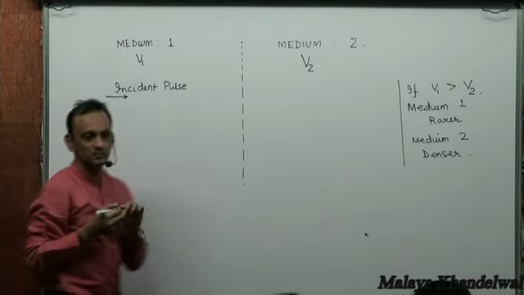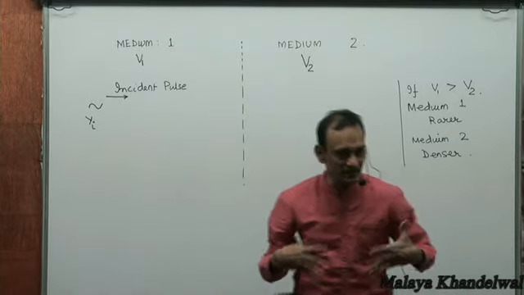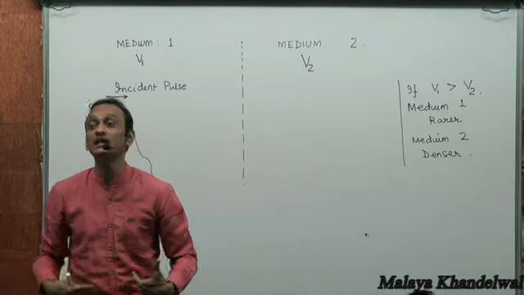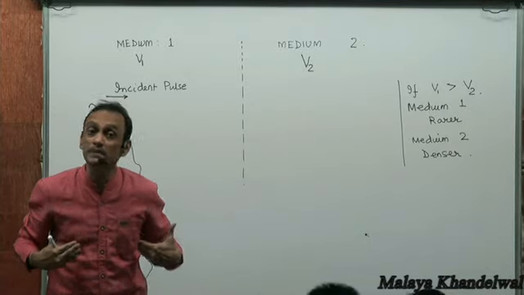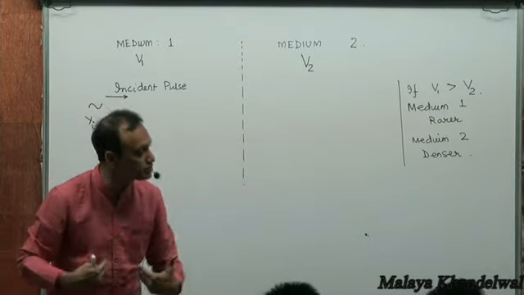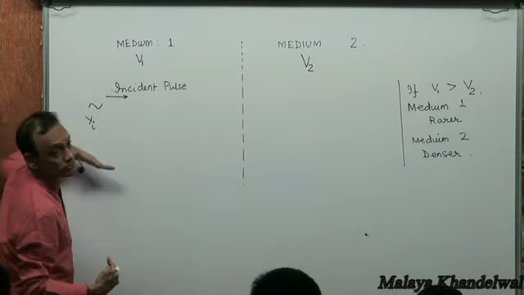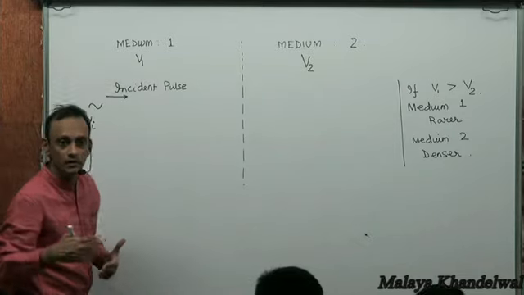Let me describe this pulse. The pulse is described by its displacement, right? Transverse displacement. If I'm talking of a transverse pulse, then these yi's are perpendicular to the direction in which energy propagates, right? So energy is propagating like this, and the displacements are transverse to the propagation of energy.